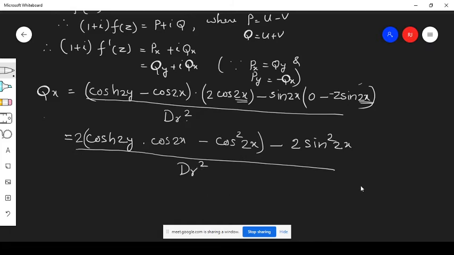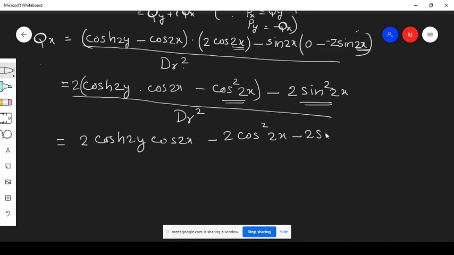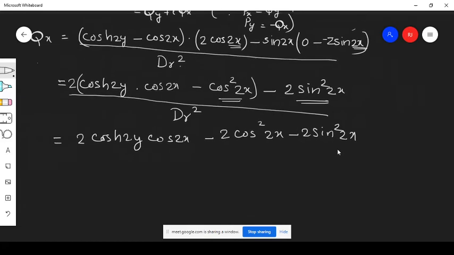Now this is equal to 2 into cosh 2y into cos 2x minus, now look here, this is cos square 2x, this is sin square 2x. Listen carefully, I am going to reduce a step here.